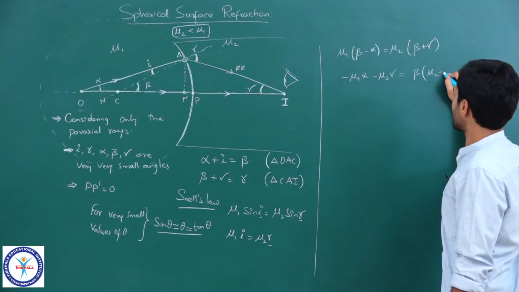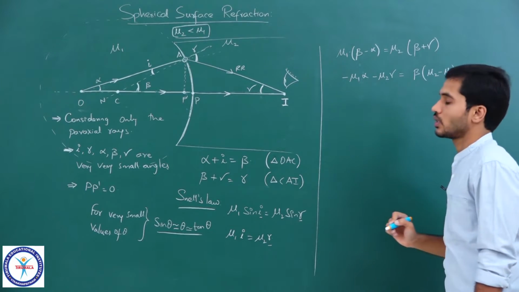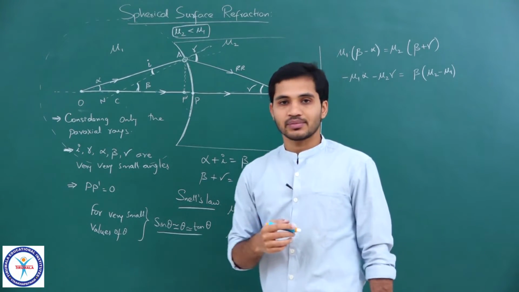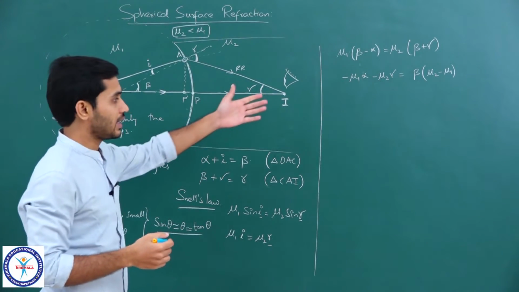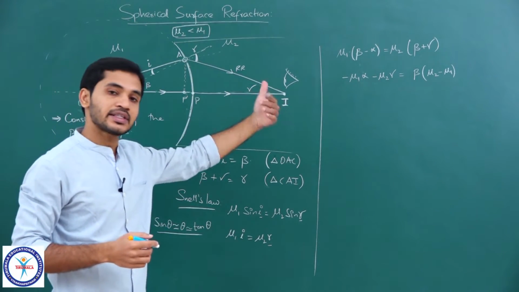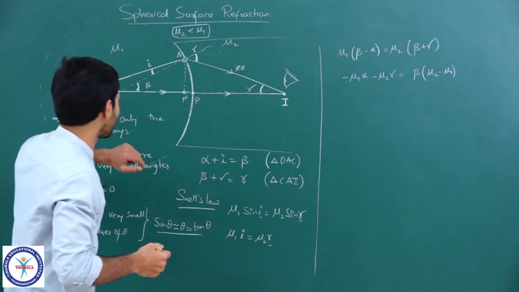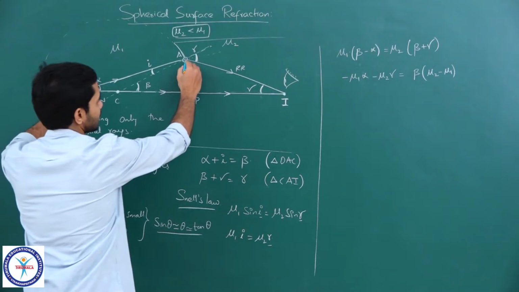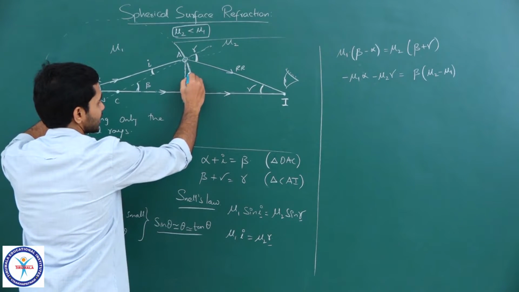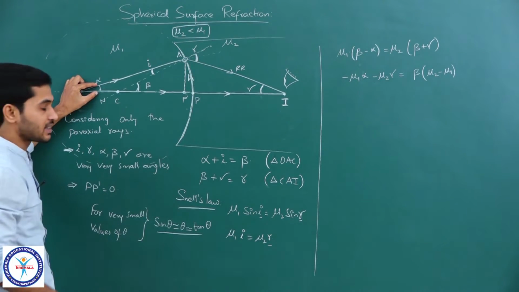So, beta into mu 2 minus mu 1, correct. Now I will substitute the values of the lengths, right. I will view all those angles as tan of those angles. So, first alpha, we know that tan alpha is basically this length. Let us consider this length as some h, which will eventually get cancelled out.